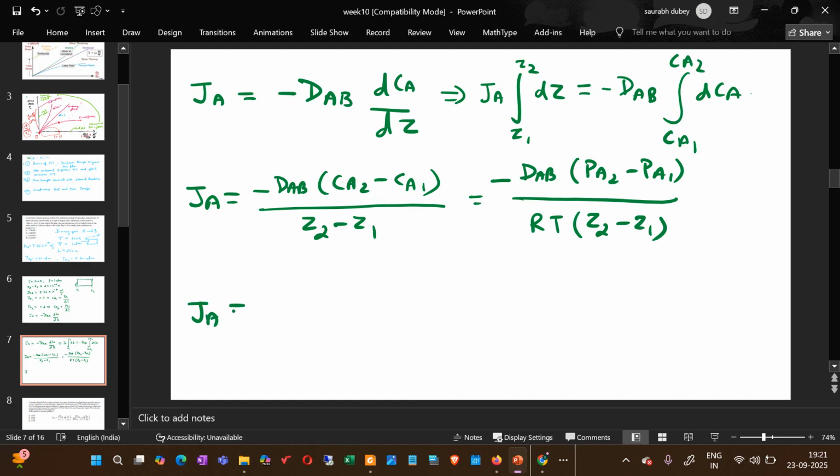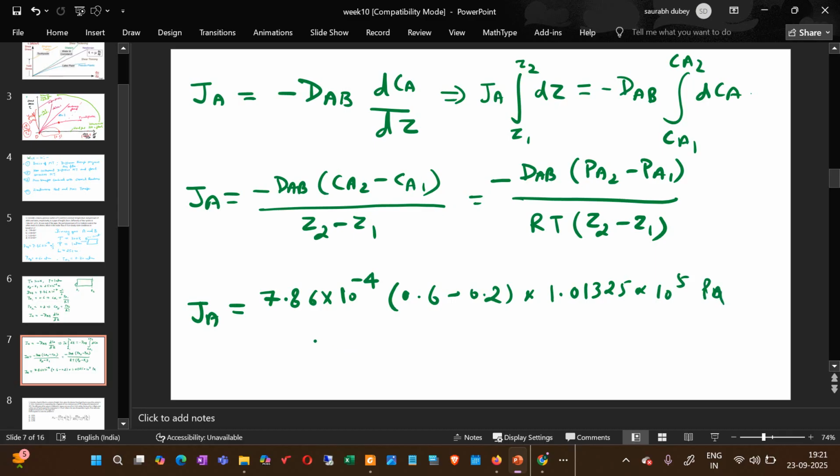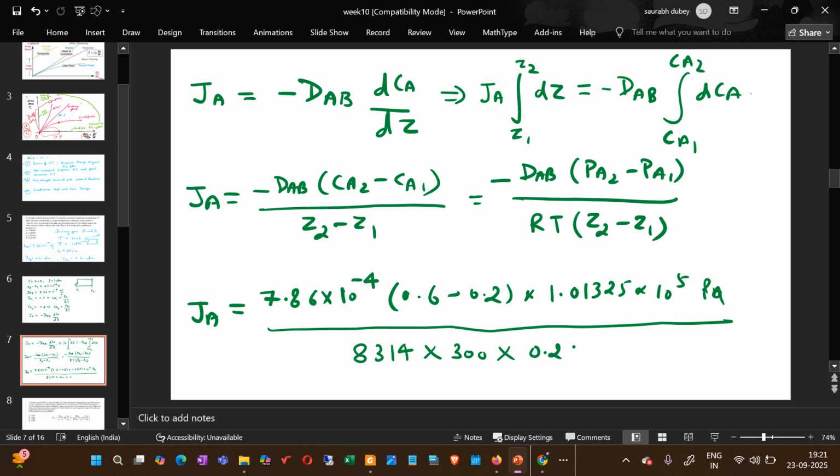So all the values are known right now, right? 7.86 into 10 to the power minus 4, into 0.6 minus 0.2, into 1.0135 into 10 to the power 5 Pascal, and whole divided by 8314 into 300 into 0.25, right?